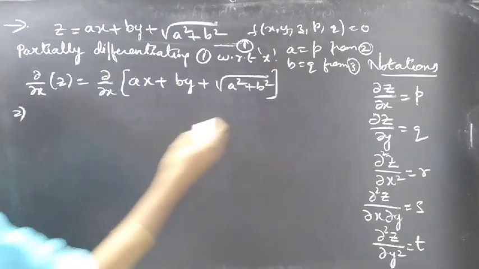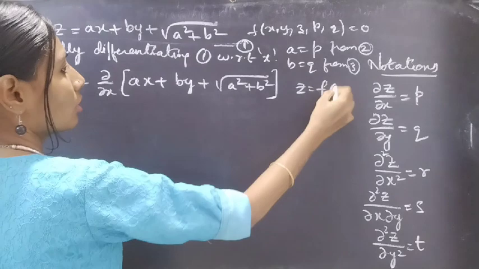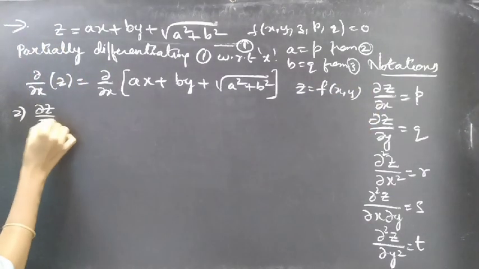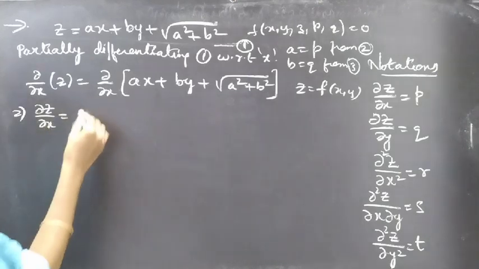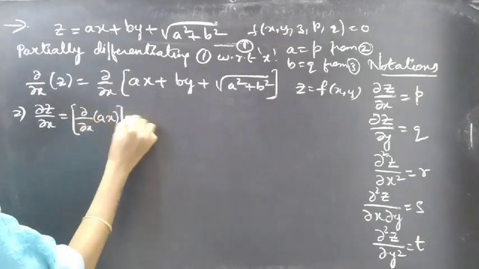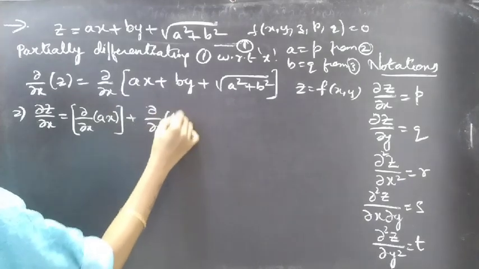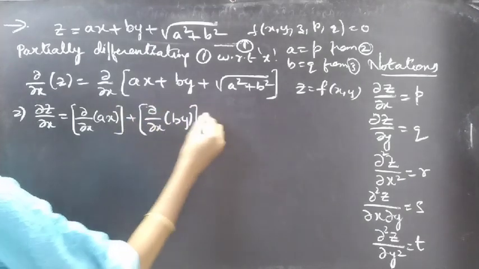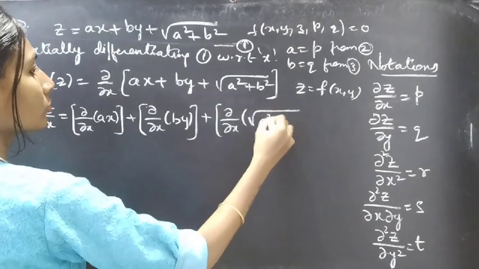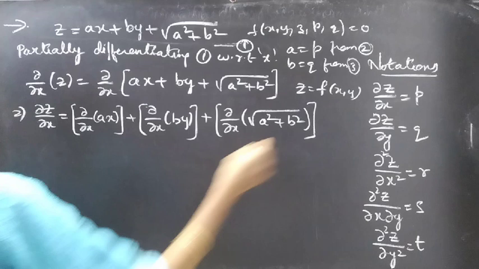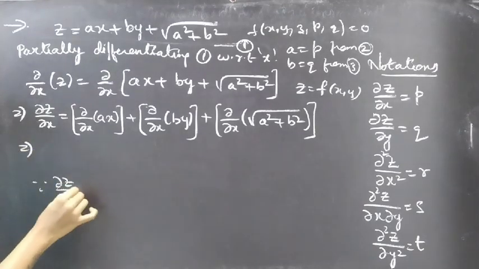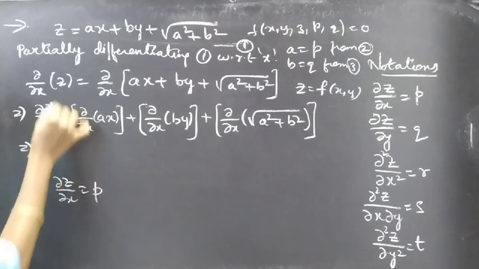Since z is a function of x and y, we'll get ∂z/∂x equal to ∂/∂x of the first term plus ∂/∂x of the second term plus ∂/∂x of the third term. Since we have the notation ∂z/∂x equal to p, let's replace it by p.